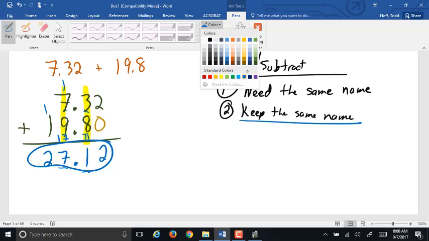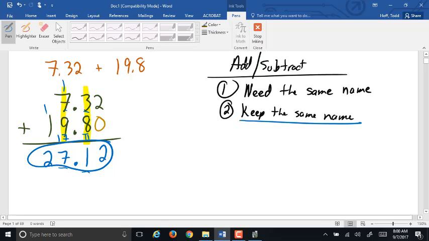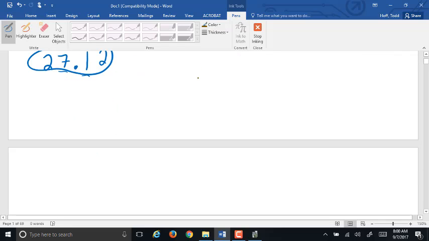When we subtract, let's say I have a problem like 18.3 minus 7.48.